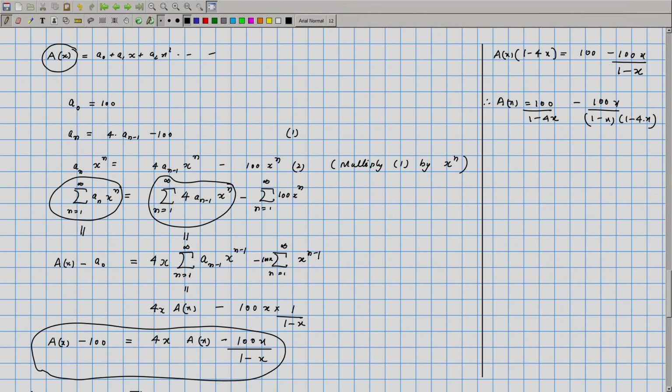Okay. So, now instead of thinking about the recurrence relation, we have the generating function of x, which basically contains all the information corresponding to the sequence in a succinct form.